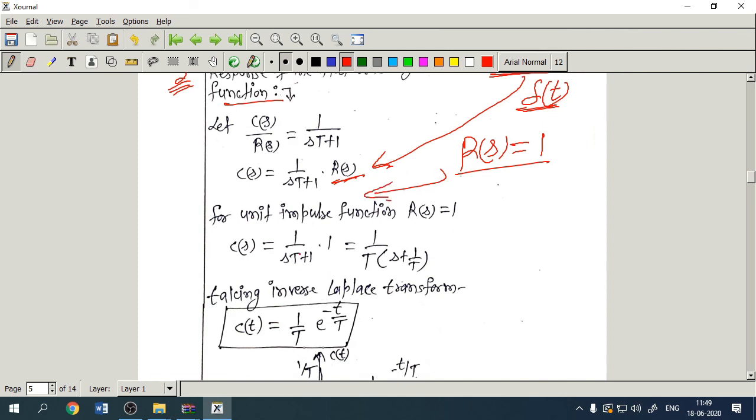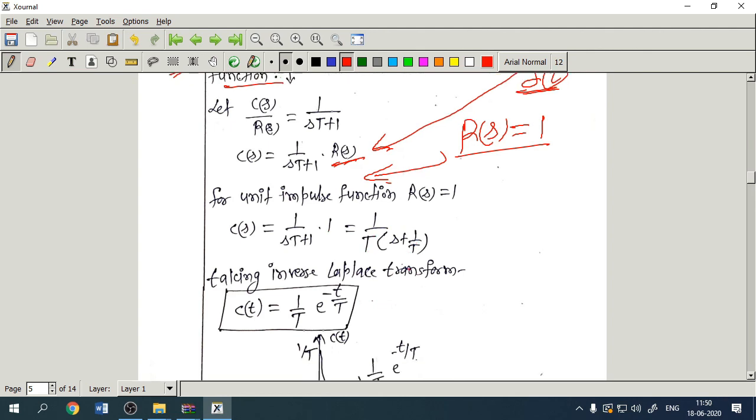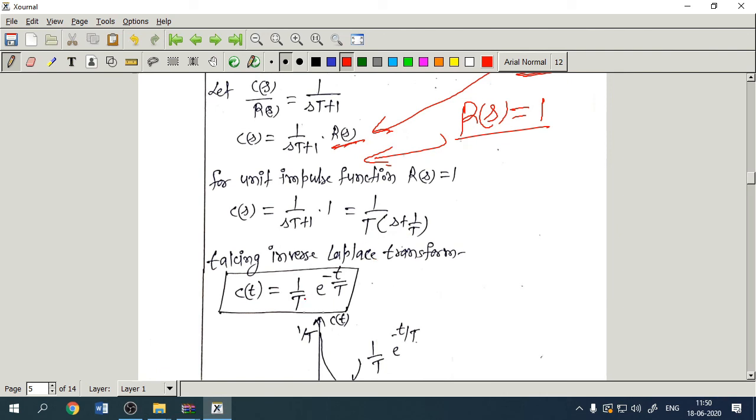We will find 1 divided by (sT plus 1) into 1. We will take the common term capital T, then it is 1 by T into 1 upon (s plus 1 by T), right? So 1 by T is a constant.